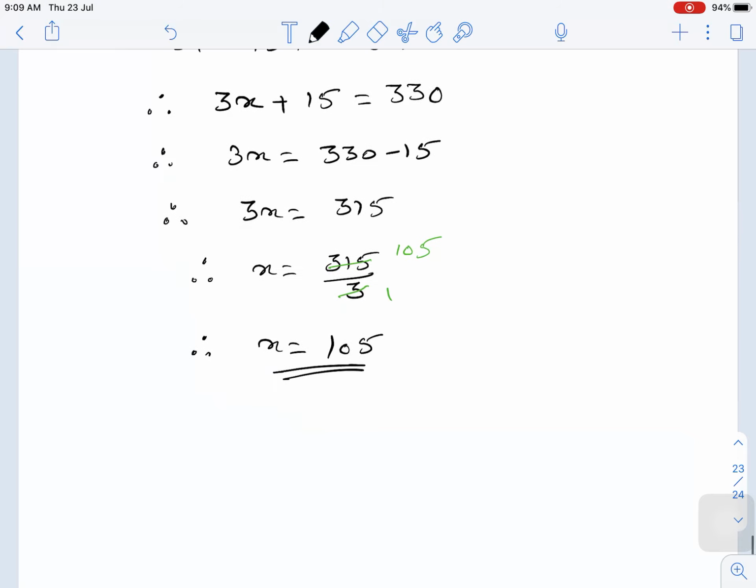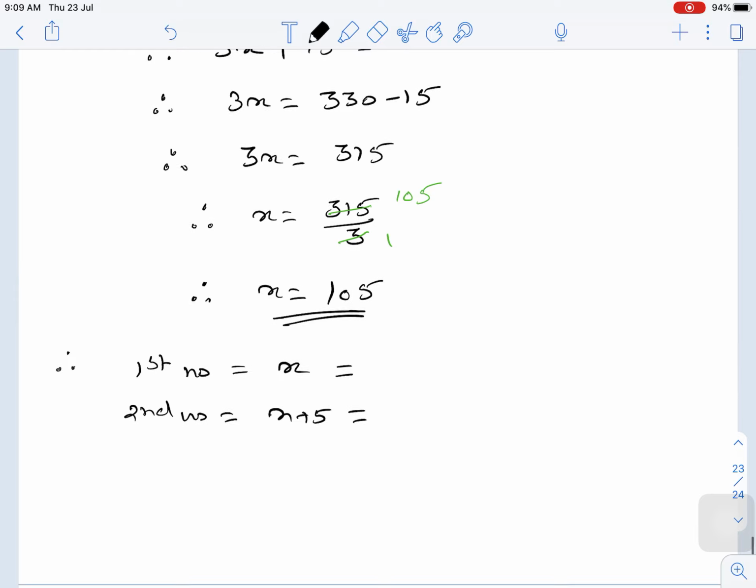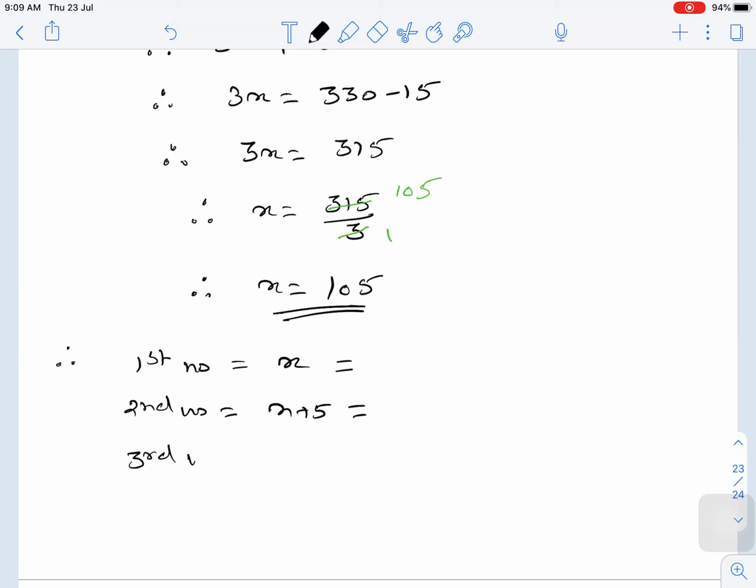Therefore, the required numbers: first number equals x equals, second number equals x plus 5 equals, third number equals x plus 10 equals.